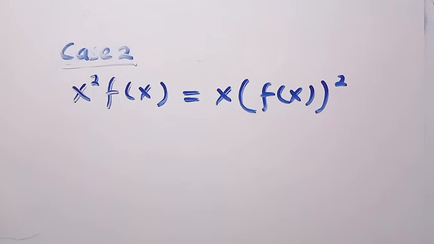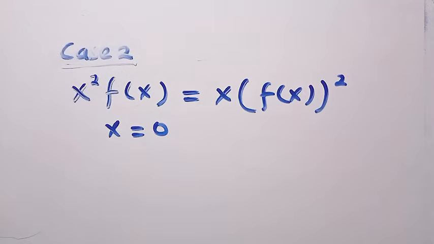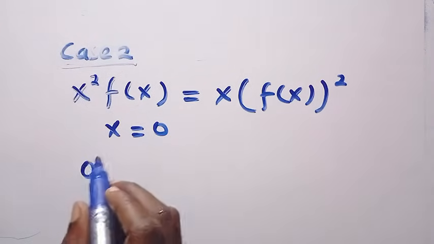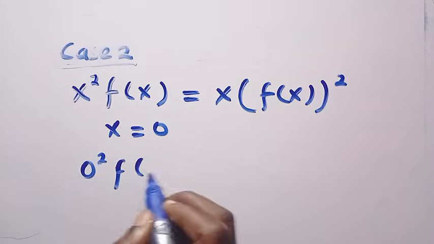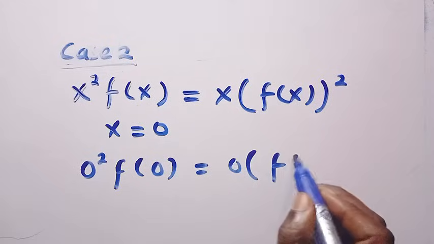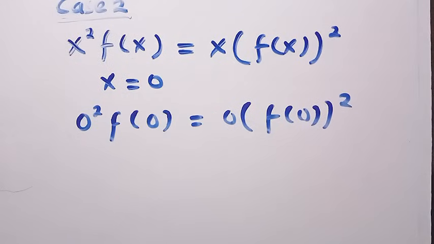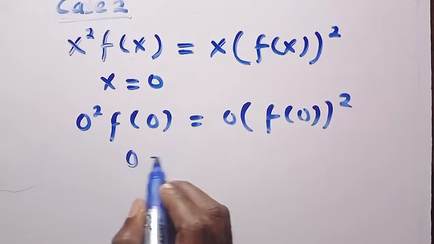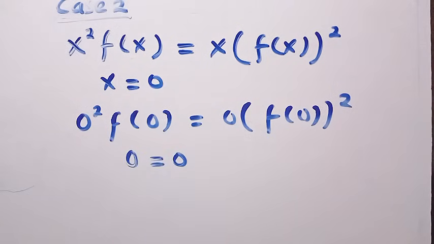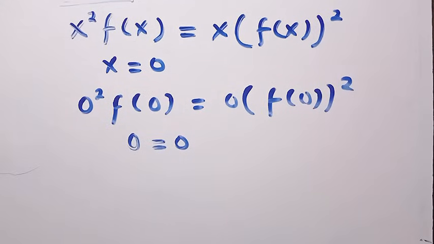If case 2 is x equals 0, suppose x equals 0, we are going to have 0 squared multiplied by f of 0 equals 0 multiplied by f of 0 all raised to the power of 2. And by what we have here, we can see that 0 equals 0.